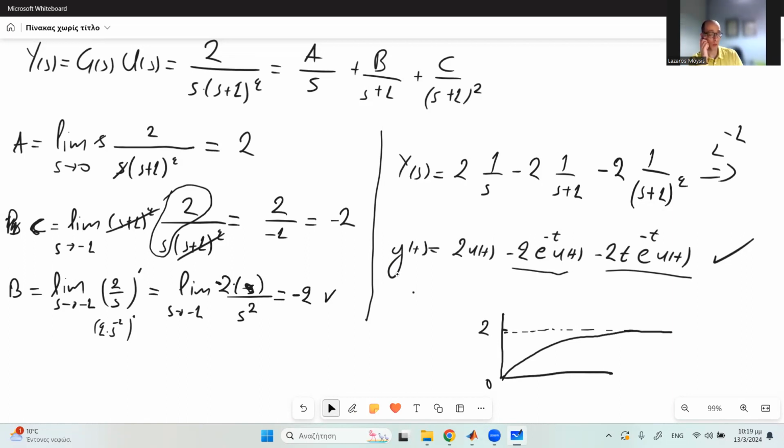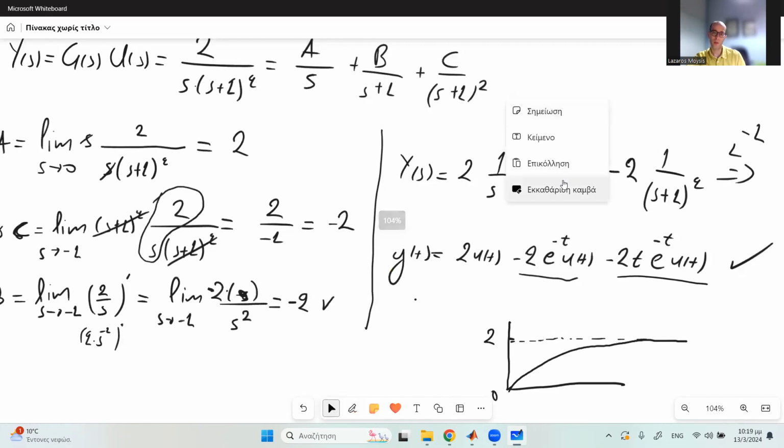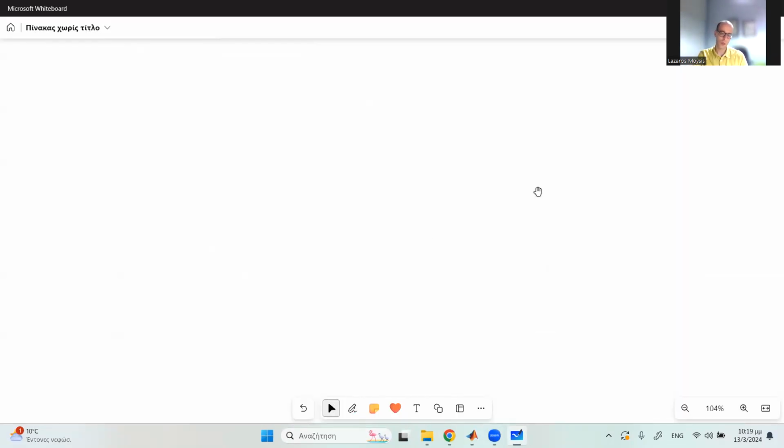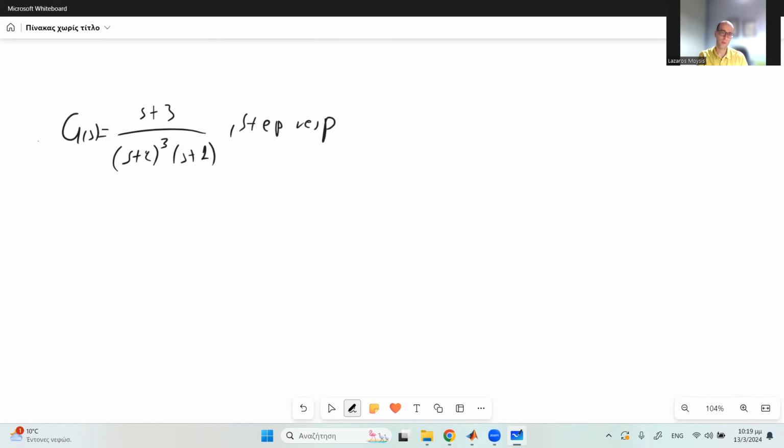But of course, it becomes exponentially more difficult when we have more and more terms. So in the situation where you're going to end up having, let's say, a very complex differential equation, and you are going to take the step response, you are going to end up having far too many terms.